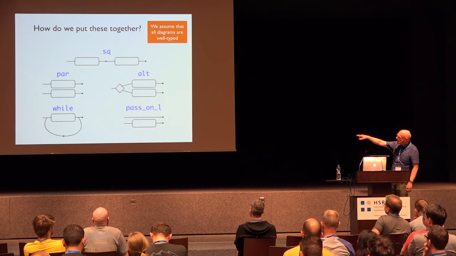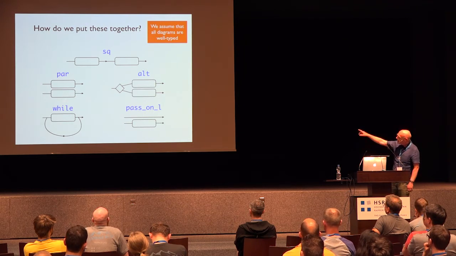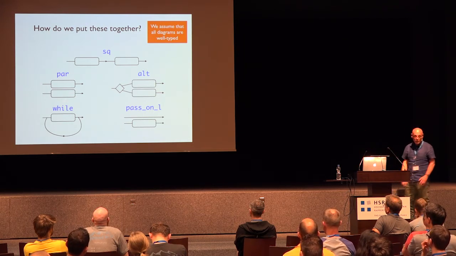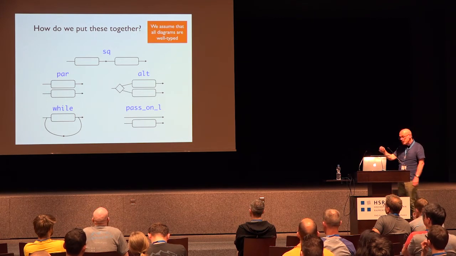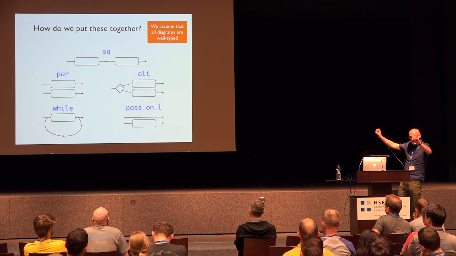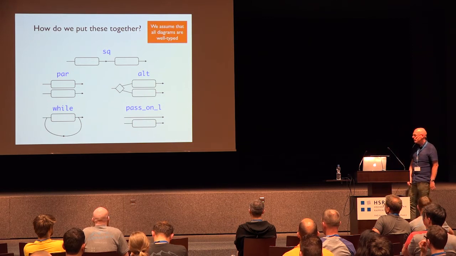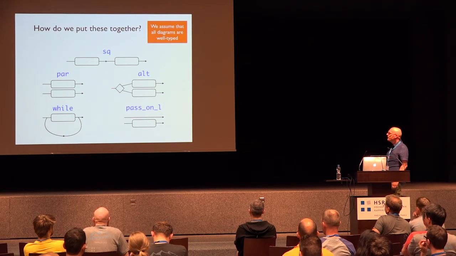One of the things that comes out of thinking of these things as state is this pass on L in the right-hand corner: you're going to do a bit of interaction with the thing underneath, but you just want a variable, and you just want to pass it on to the state that follows. So this sort of plumbing comes in, which is reminiscent of what people have done with arrows. You can see there is this mixture of things going on.